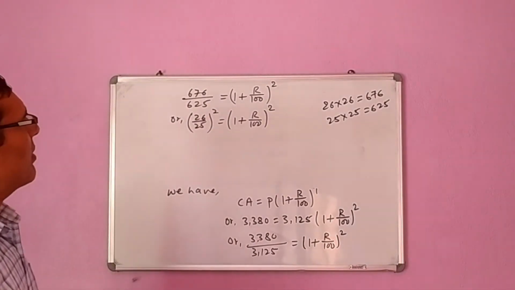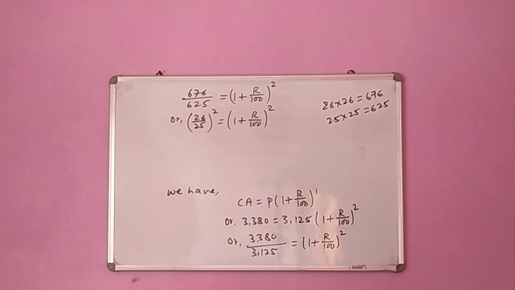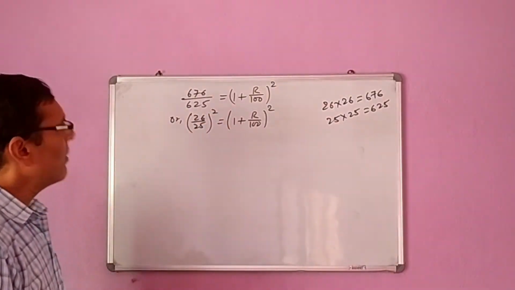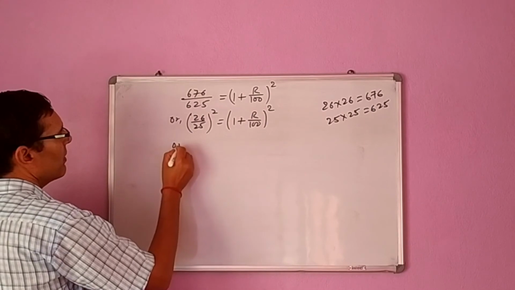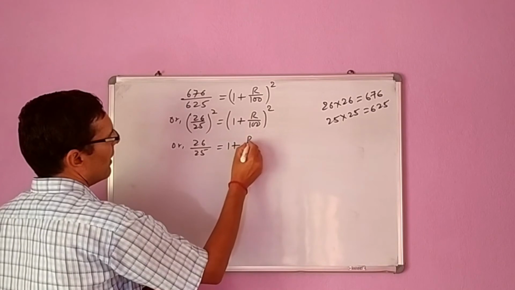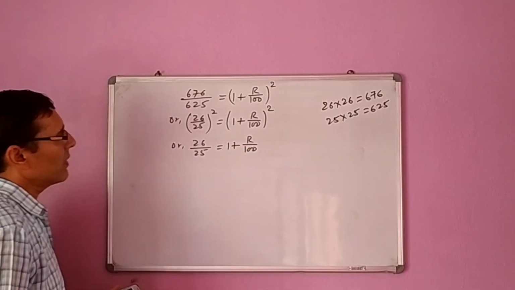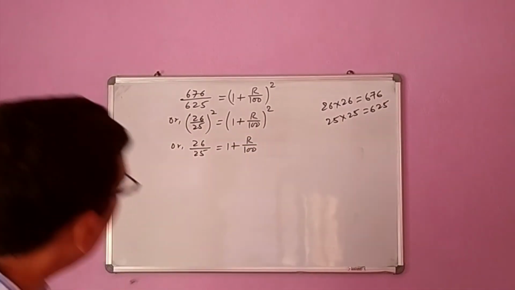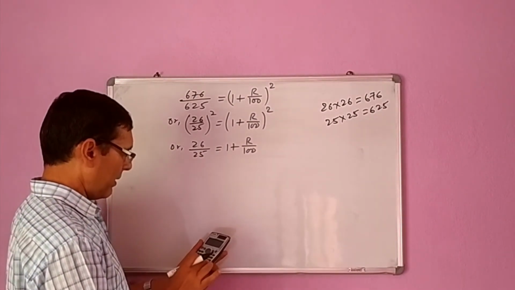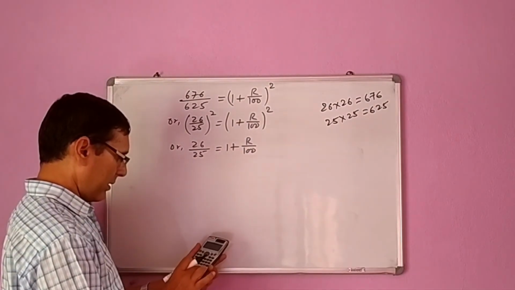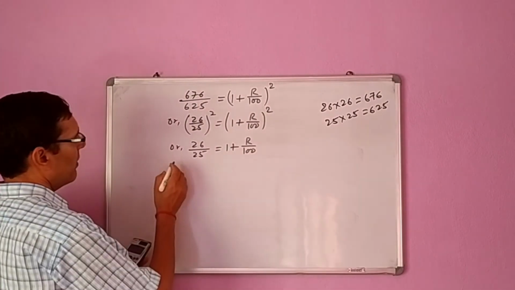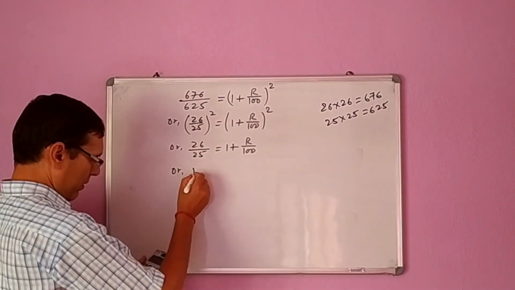When we have the same power on both sides, powers can be removed. Now if we leave the power 2 from both sides, we will get 26 upon 25 equals 1 plus r upon 100. If we divide this to get the value in decimal, 26 divided by 25 is 1.04.